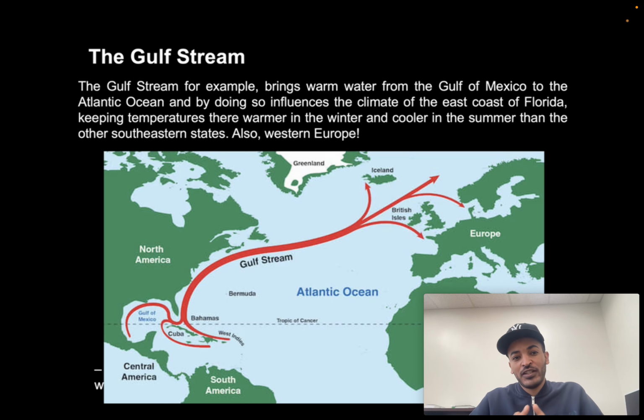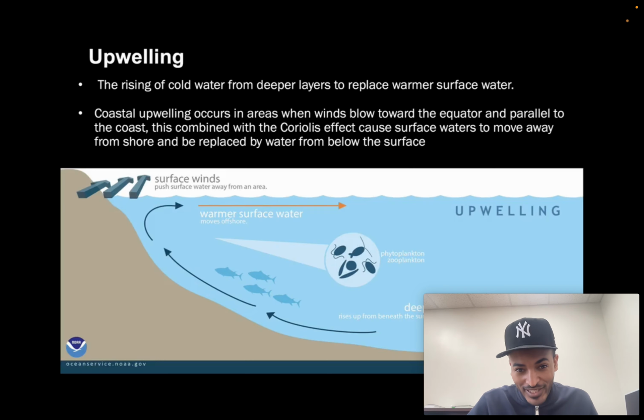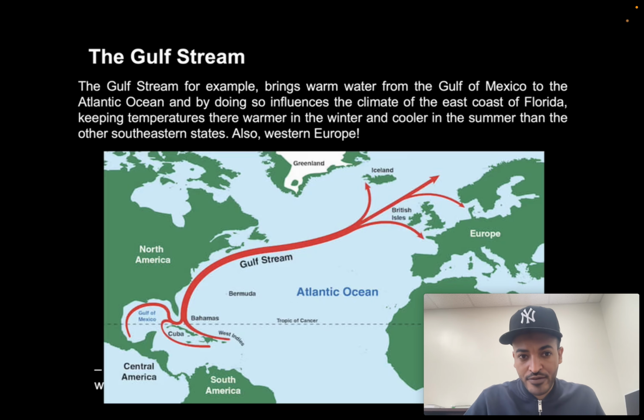So the ocean is always trying to regulate global temperatures, and it's a very, very important element within the climate system, right?